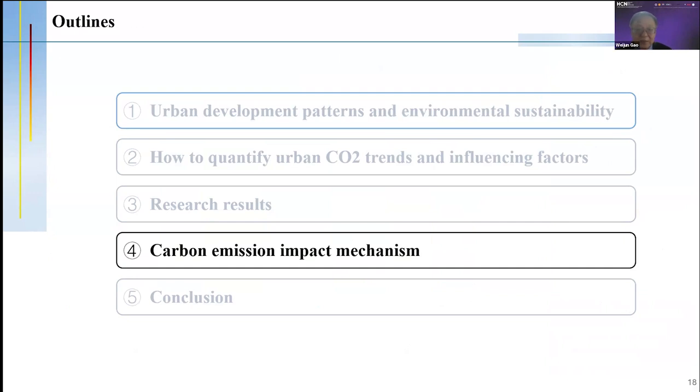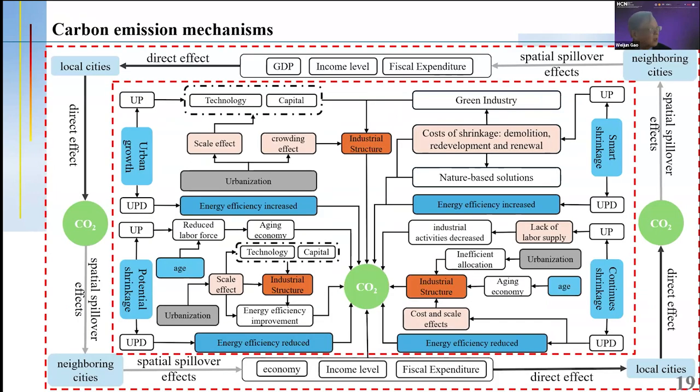And the last one is about the carbon emission impact mechanism. We drew a structure; I think I have no time to describe it in detail. We summarize the mechanism of influence on urban carbon emission in China and Japan.